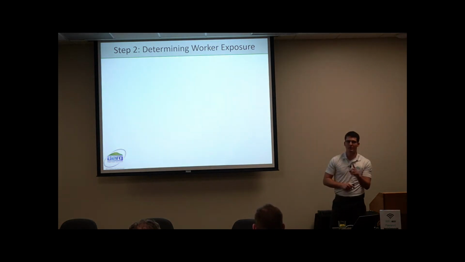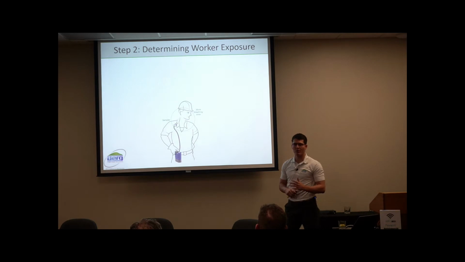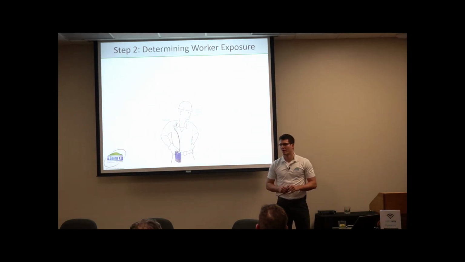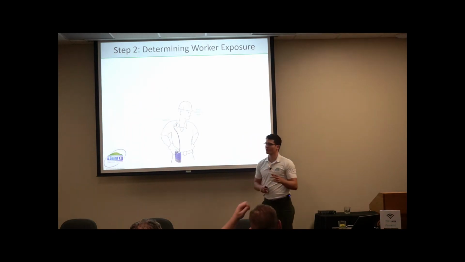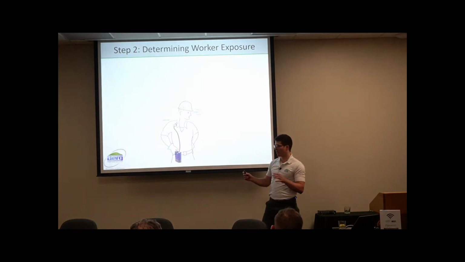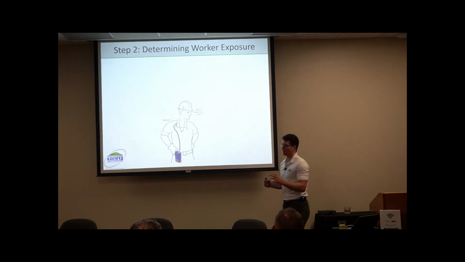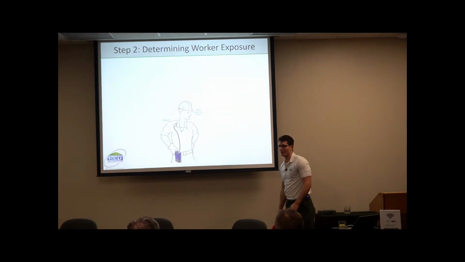And I did consciously put that before the formal step of determining your worker exposure. Why did I do that? Anybody guess why? Well, it comes down to if you did your exposure monitoring first, but you just said, okay, we have this chemical, let's monitor, right? And then you found it to be over the exposure limit, and then you have to put all these things in place and implement new ventilation systems and all this kind of stuff, and then validate it after that, so you would sample again.